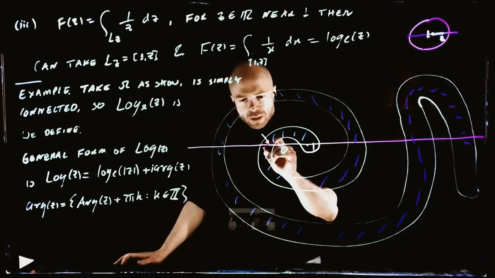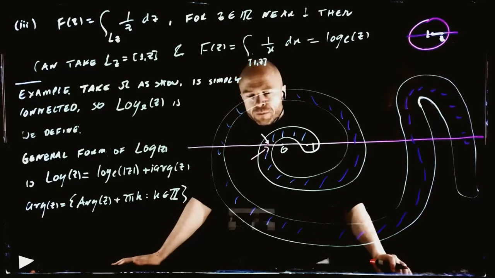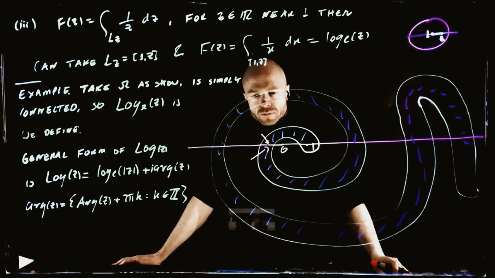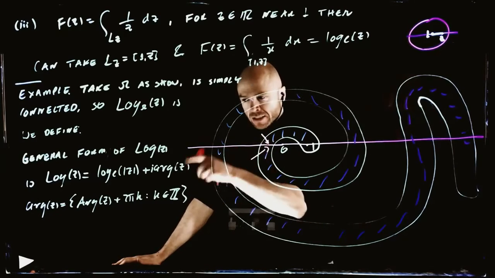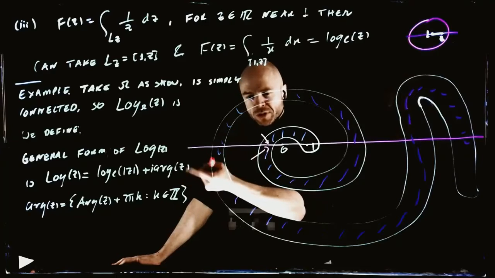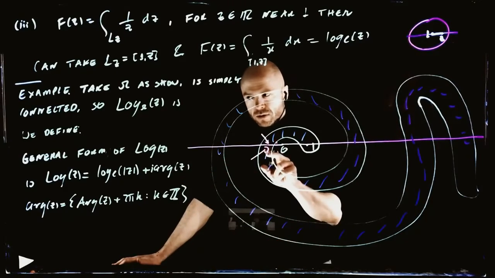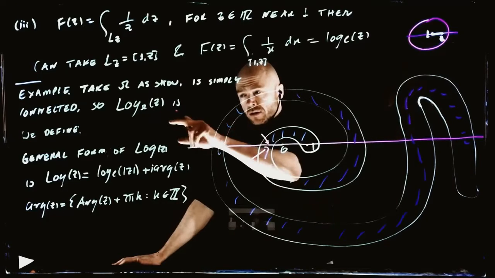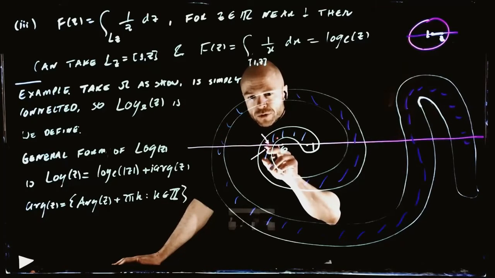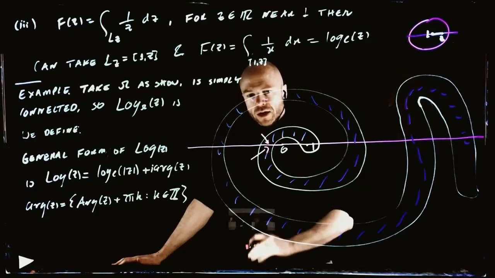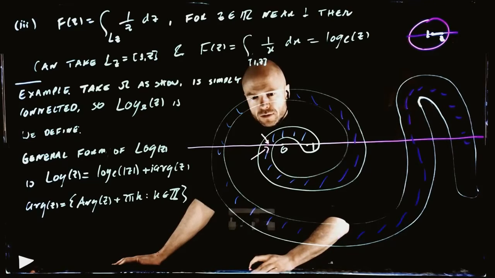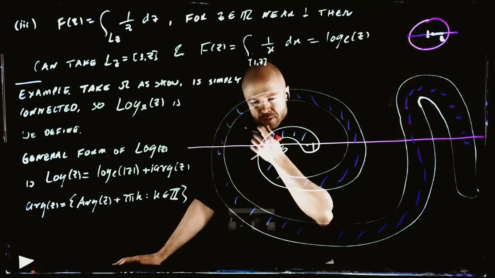What about if we move a little bit down? What's it got to be? Well, it still has to satisfy this, because that's just what happens when we differentiate. So what does our complex log have to have for its imaginary part if we move down a little bit below this line? Well, if it was negative pi, then there'd be an issue.